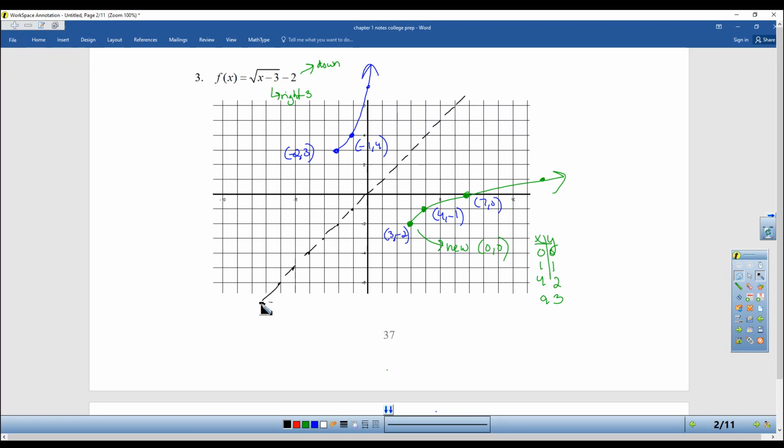If you look at that line and think about folding your paper along that black dashed line, the blue graph and the green graph would actually hit each other if you folded your paper. So fold here. This should be the line of symmetry. If it is the line of symmetry, then you know you did it right. And those are the 3 ways that we're going to study inverses today.